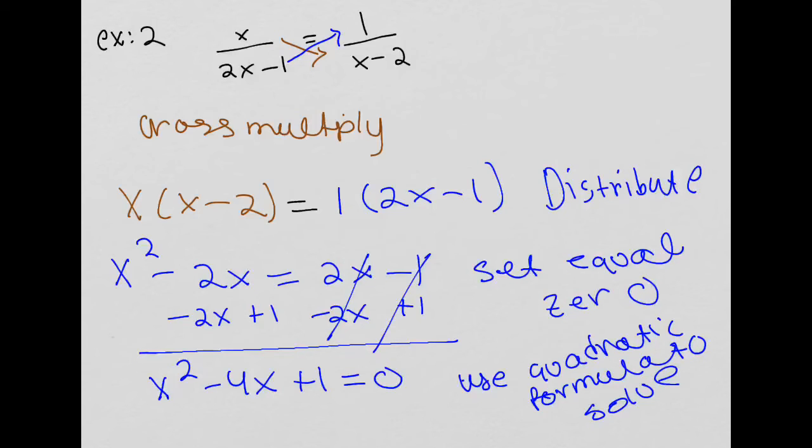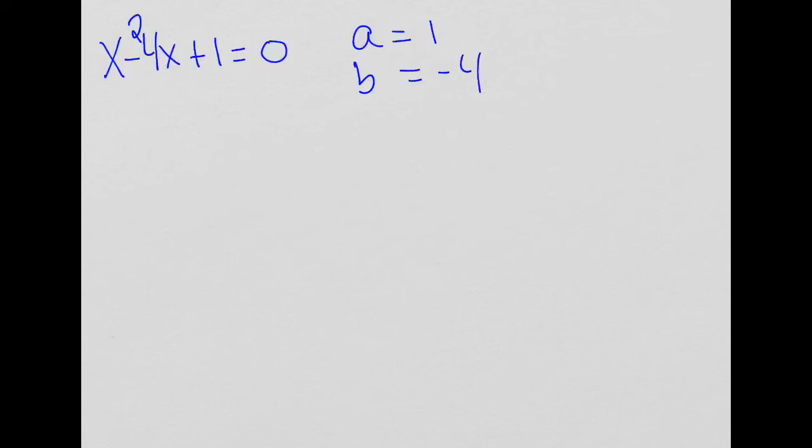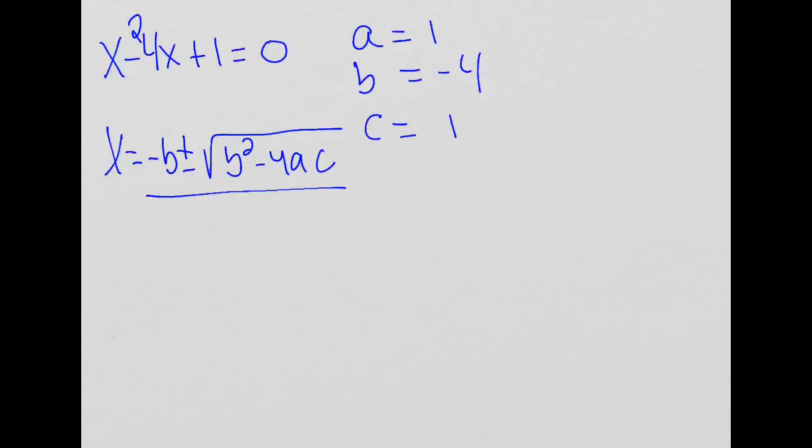So I have x squared minus 4x plus 1 equals 0. Again, my a is 1, b is negative 4, and c is 1. And my quadratic formula is x equals negative b plus or minus the square root of b squared minus 4ac, all over 2a.